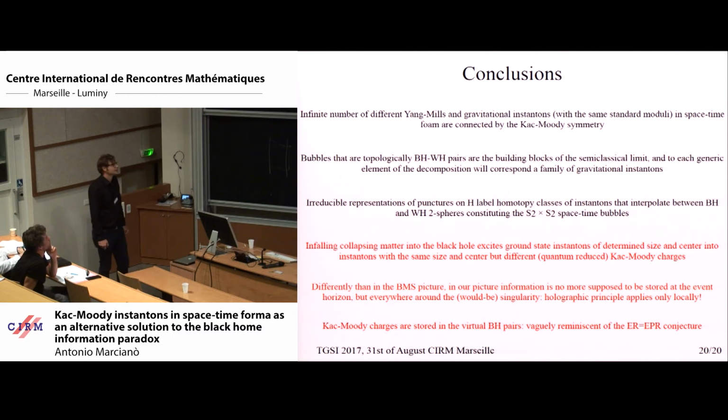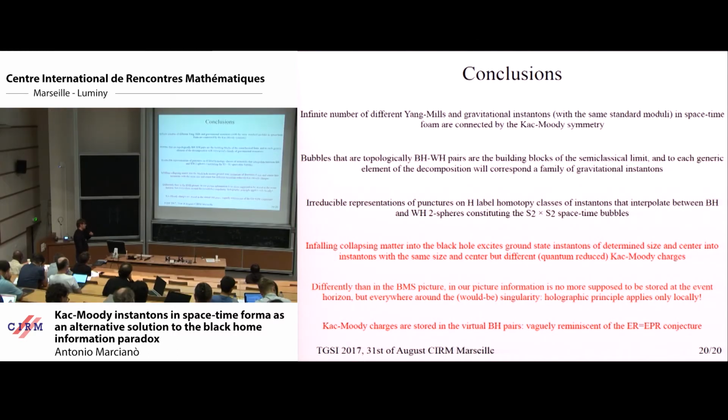This allows, in this picture, different from the BMS picture, to have information that is not stored anymore at the horizon, but is stored everywhere. That's the other point. It is stored everywhere because everywhere you will find this texture, this fabric of spacetime. So everywhere, even inside the black hole horizon, you can store information.